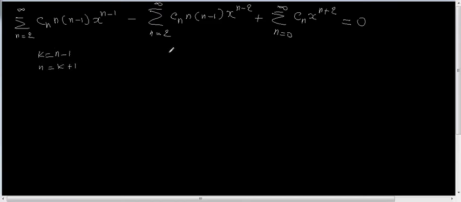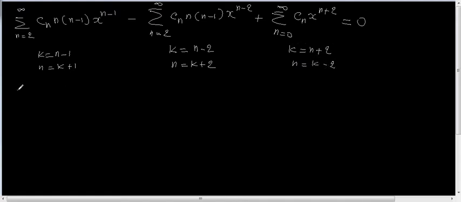We could change the name, but at the end it will still be the same power series because the n or the k here are just indices for describing the power series. So we can just keep the same name. Here k will be n minus 2 because the exponent we have here is n minus 2, which means n will be k plus 2. For the last power series, k will be n plus 2, which means n is k minus 2.